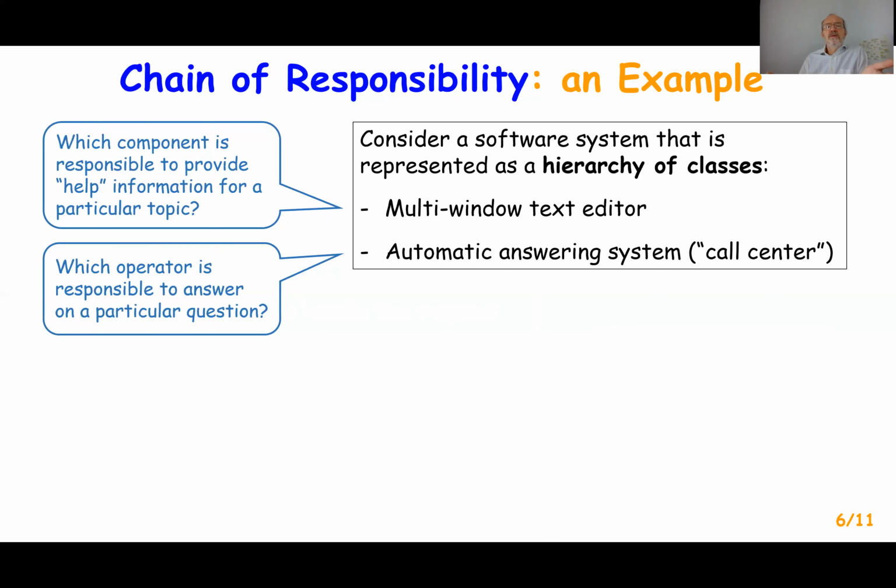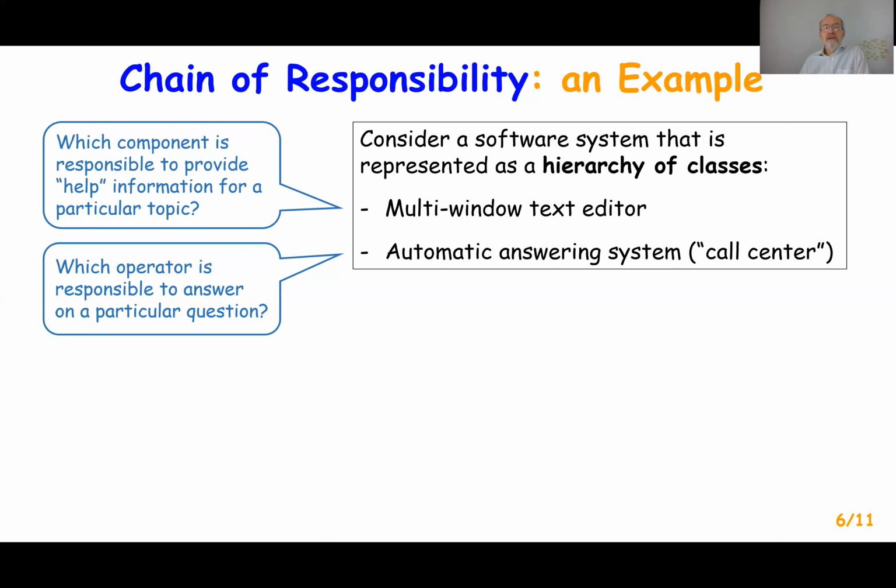You obviously know that there are different kinds of help information in such a system. There is definitely a help subsystem in software like this, and there are different kinds of help, different kinds of information describing various aspects of functionality of a text editor. So the question is, who is responsible for giving you help for some particular aspect?